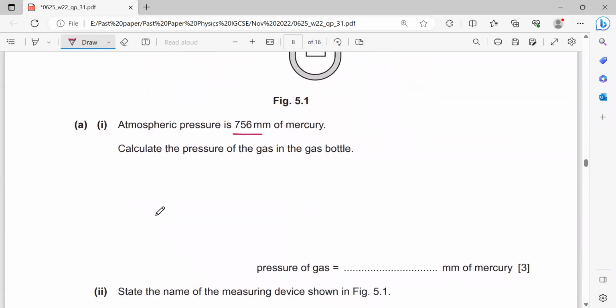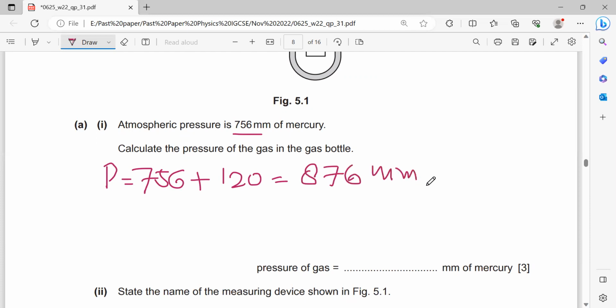So it means the pressure equals 756 plus 120, which is 876 millimeters. No need to round off, I think. The answer is 876.